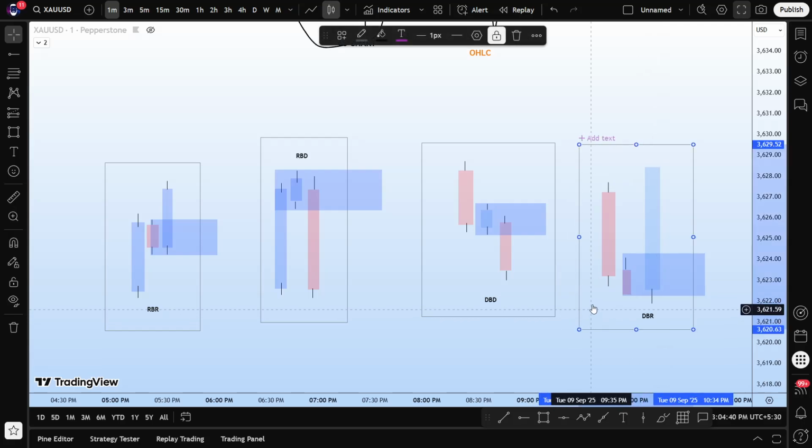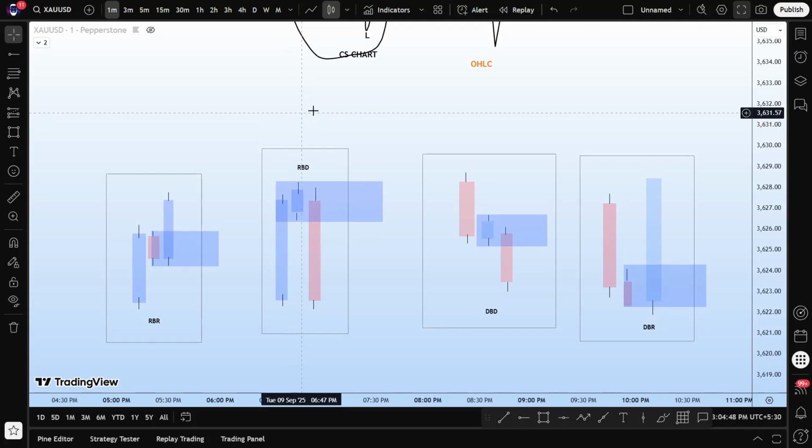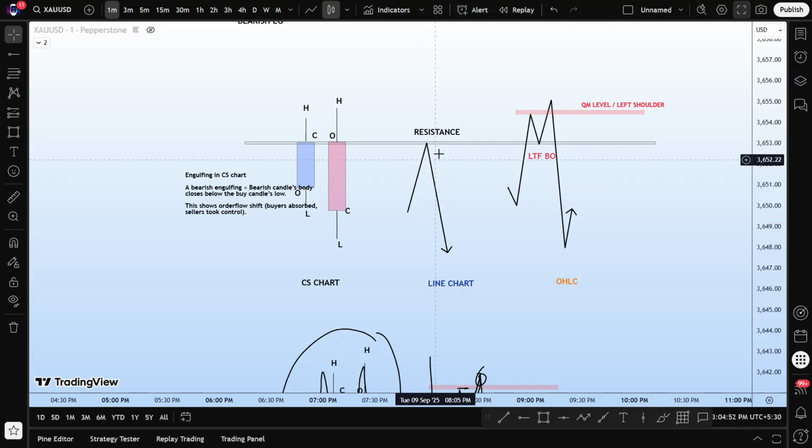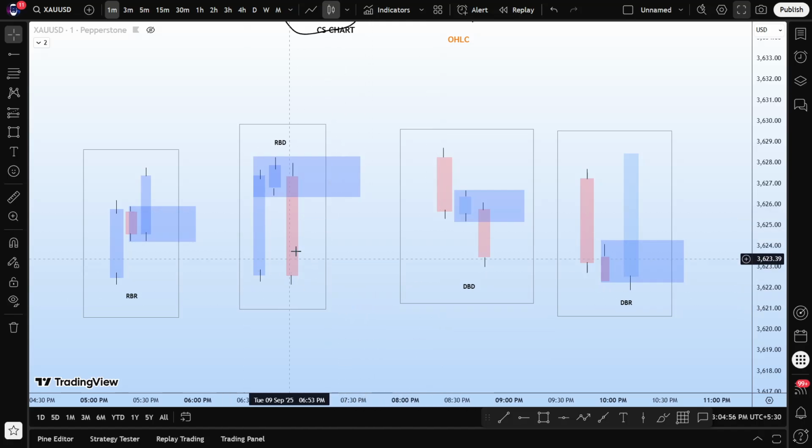So this tells us that when we are working with the engulfing concept, we are basically using the same concept as SnR, the OHLC perspective, or the supply and demand. All of them are simply the same.